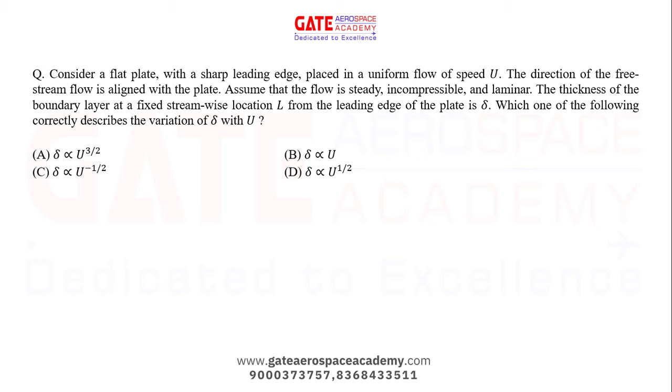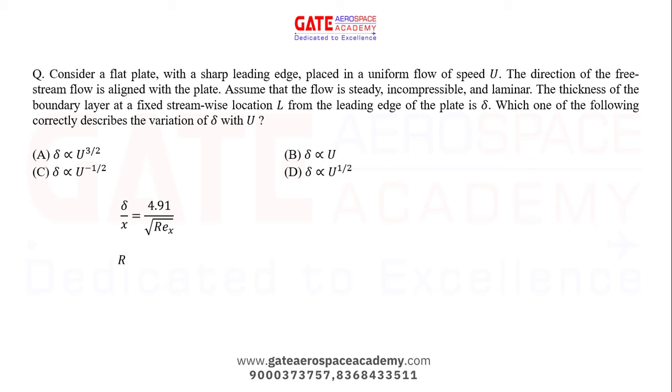So we know the relationship between thickness of boundary layer del and Reynolds number at any location in case of laminar flow, and that relation we have already studied in the class, it's given in the formula book also. Del by x is equal to 4.91 (Blasius solution) upon under root Rex, where Rex is the Reynolds number at location x.